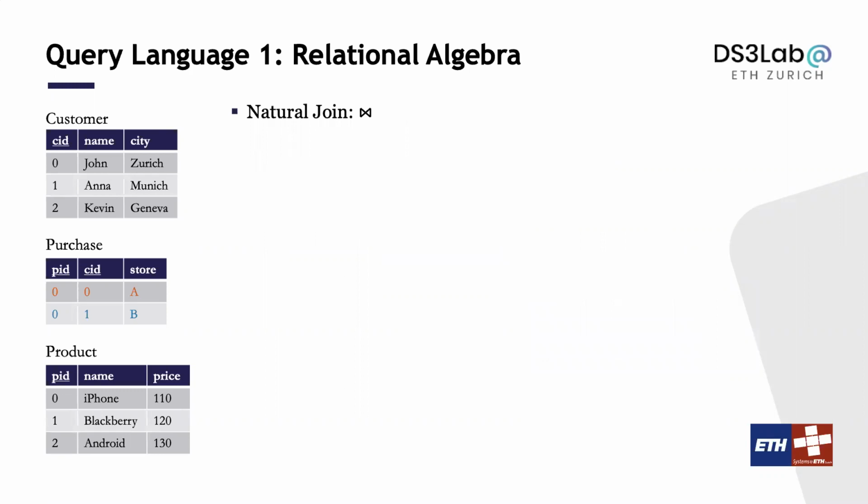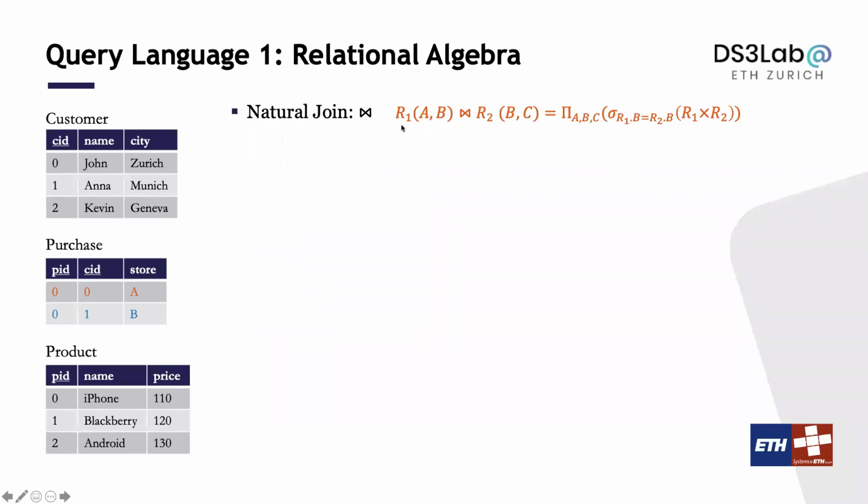Now it gets into some more interesting operators. One operator that is one of the most frequently used down the road when we talk about databases is natural join. It applies to two relations with a shared attribute.